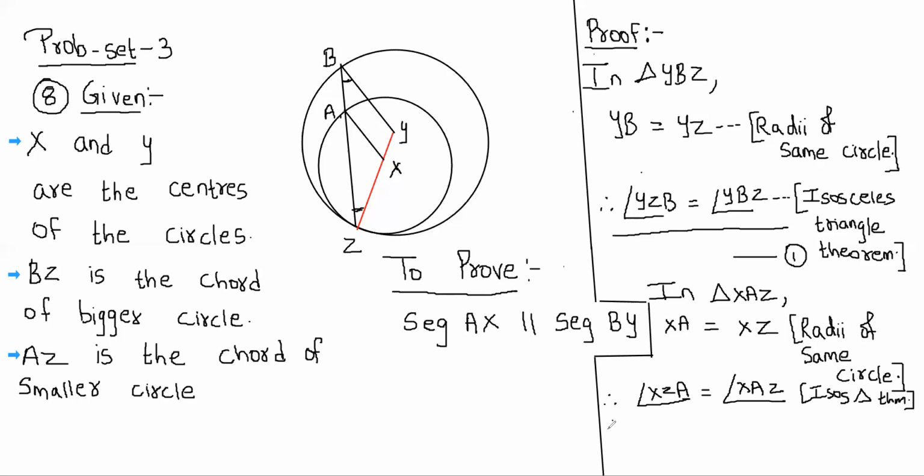Now, in the next step, XZA, I'm going to write it as YZB, the same angle. YZB is equal to XAZ. Why did I write it like this? Because I want to match this step with the first equation. In the first equation we wrote angle Z as YZB.